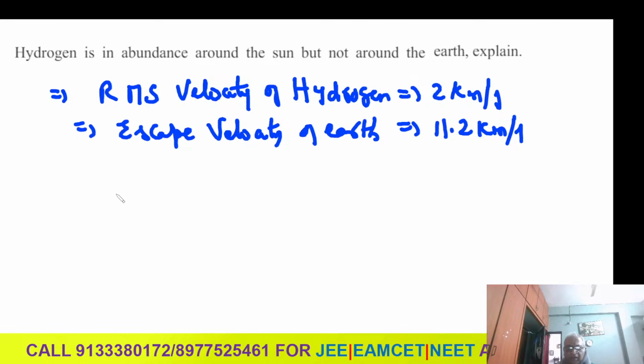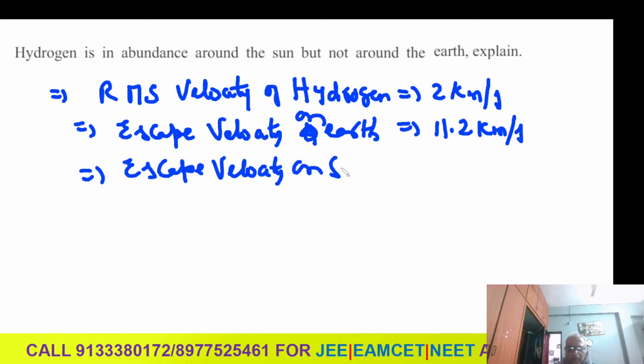But the sun is very massive: the escape velocity at the surface of the sun is 620 km per second.